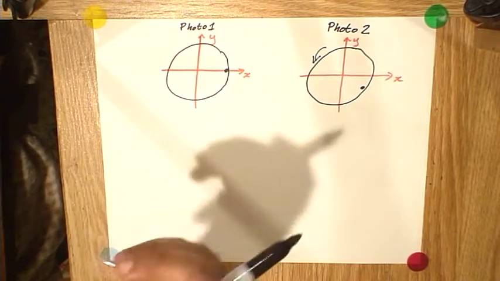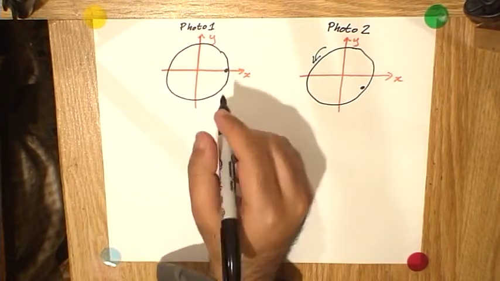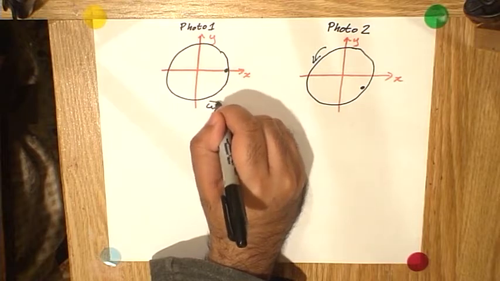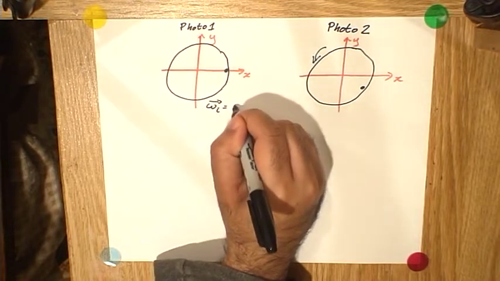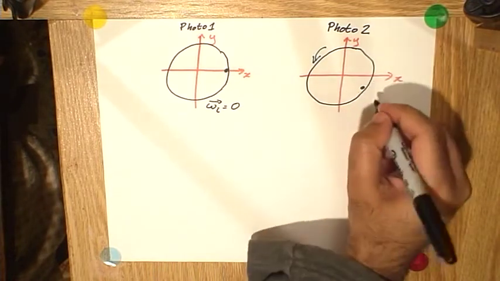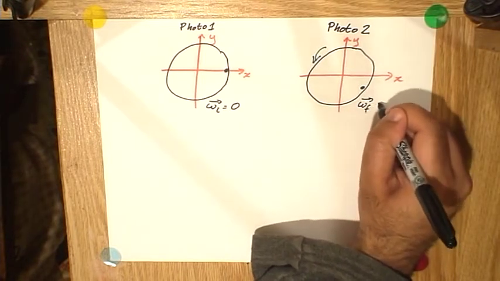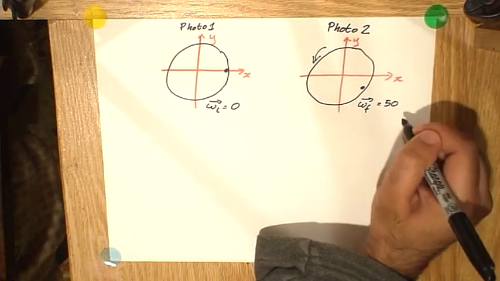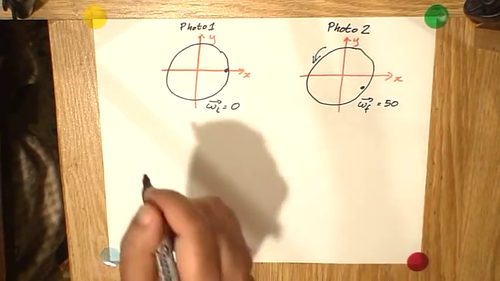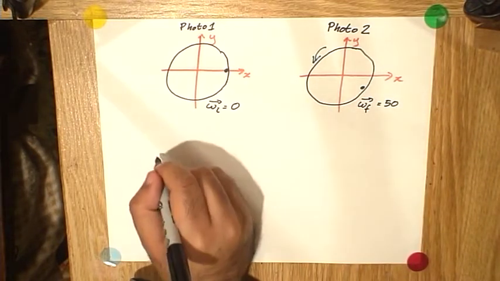We were told that it's initially at rest, that is omega initial is equal to 0 radians per second, and in photo 2 omega final is equal to 50 radians per second. So let's work out the acceleration.